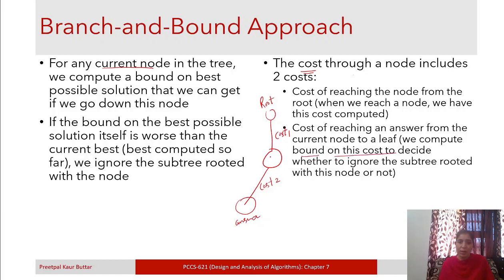Whenever we want to explore this node, we will explore only if its bound is promising, if it is giving us the best bound. This cost is computed when we compute the bound to decide whether to ignore this node's subtree or explore it. So the overall cost will be cost 1 plus cost 2, right?